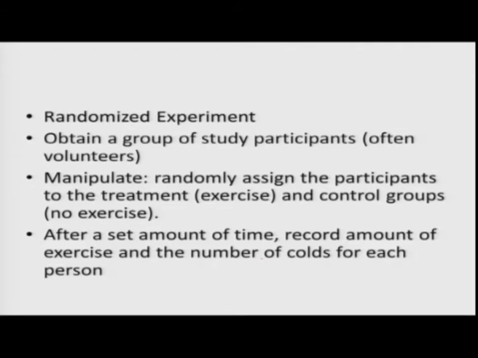So, now you take, for example, two groups of people, all of whom are not doing any exercise at this moment. You randomly assign them into two groups. For one group you ask them to spend at least 2 hours every day on some specific exercise.